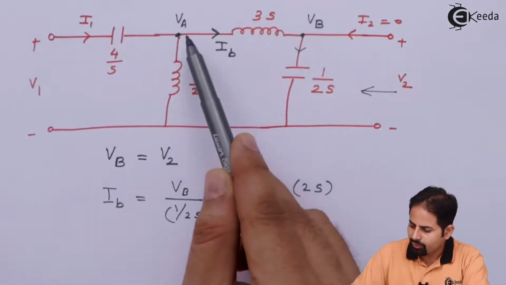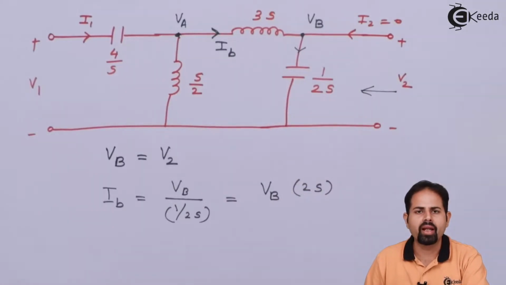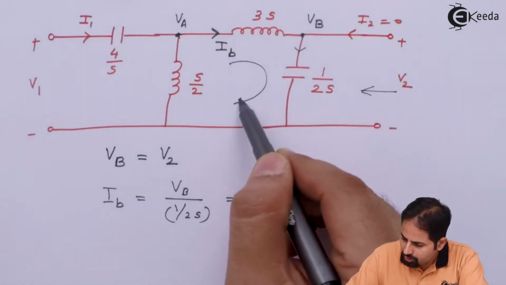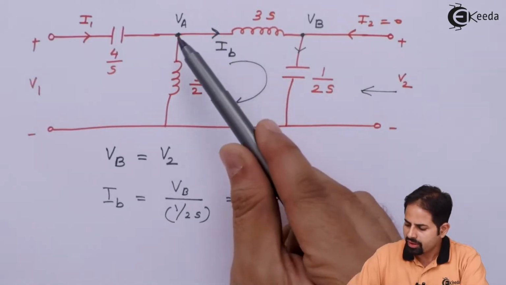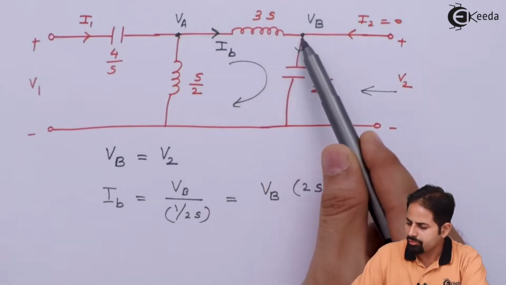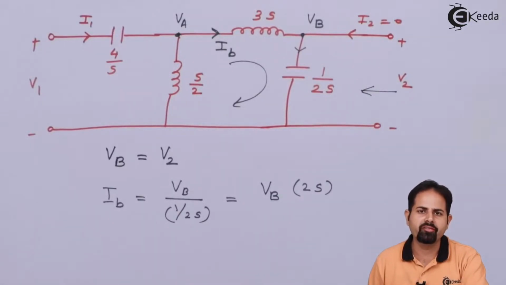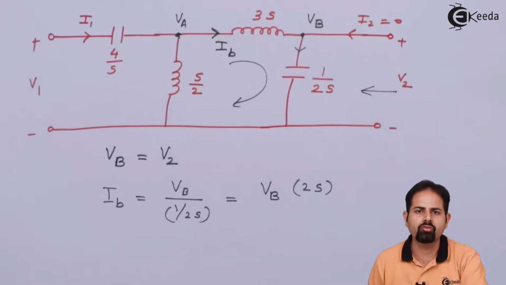Now I have got IB, and VB is equal to V2. Next is VA, and for that we will apply KVL through this loop. So VA will be 3s multiplied by IB plus VB, and VB is V2. Our aim is to define everything in terms of this V2. I will write the equation for VA.